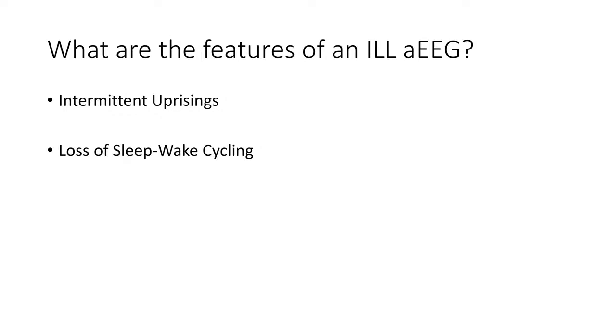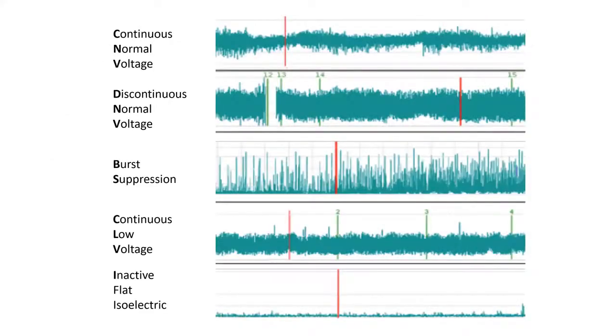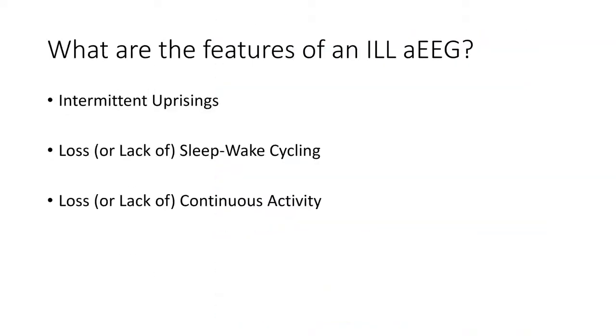So really that reemergence of sleep-wake cycling is a sign of the brain being well oxygenated, and they're able to then organize those cellular communications that have to happen in order to synchronize that activity. So that's loss of sleep-wake cycling. The third area is really a lack or loss of continuous activity.